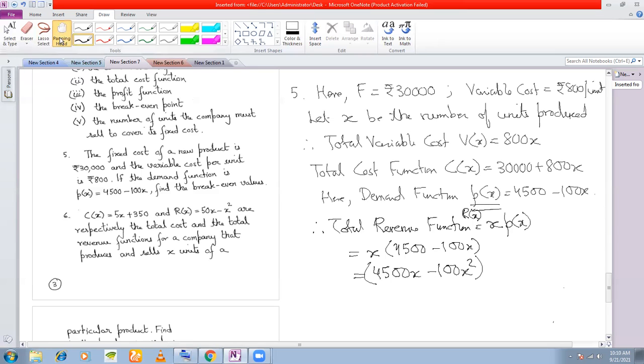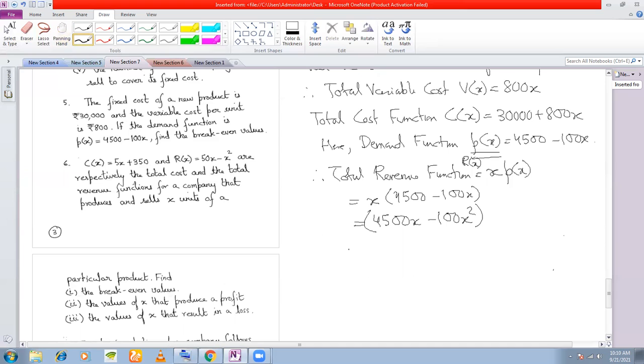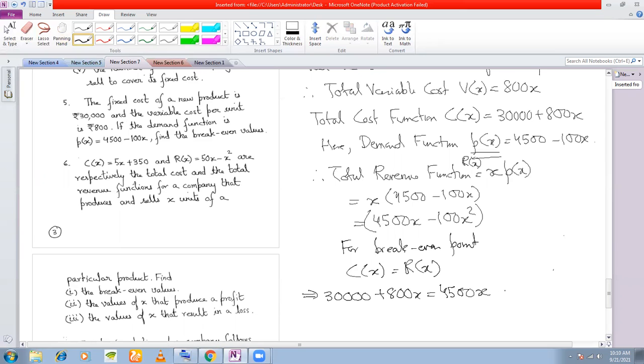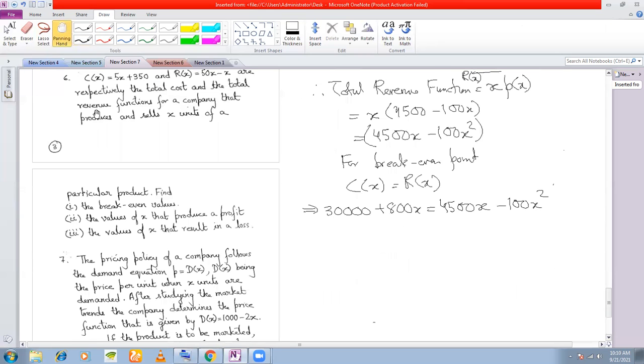You need to find out the break-even values. For break-even point, Cx must be equal to Rx. Express this as a quadratic.